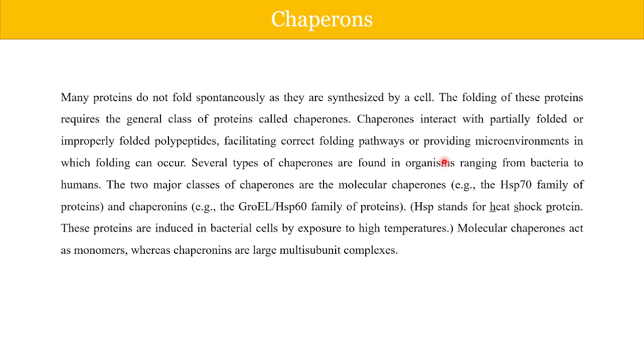HSP stands for heat shock protein, and these proteins are induced in bacterial cells exposed to high temperatures. So at high temperatures they are activated, and they undergo the protein folding pathway. Molecular chaperones act as monomers, whereas chaperonins are large multi-subunit complexes.